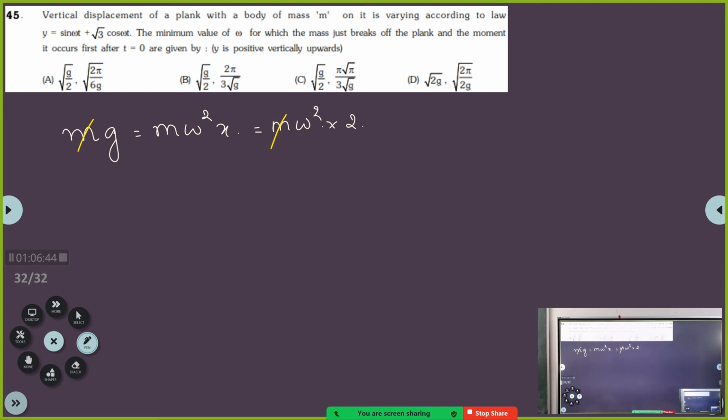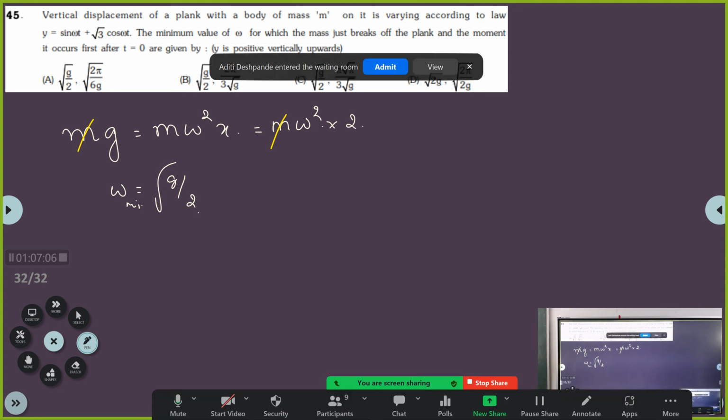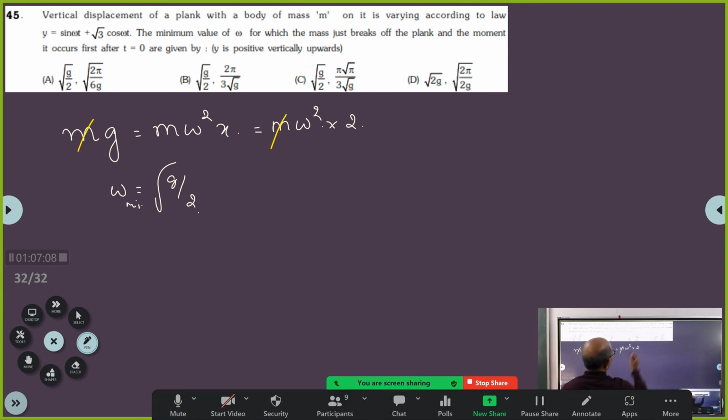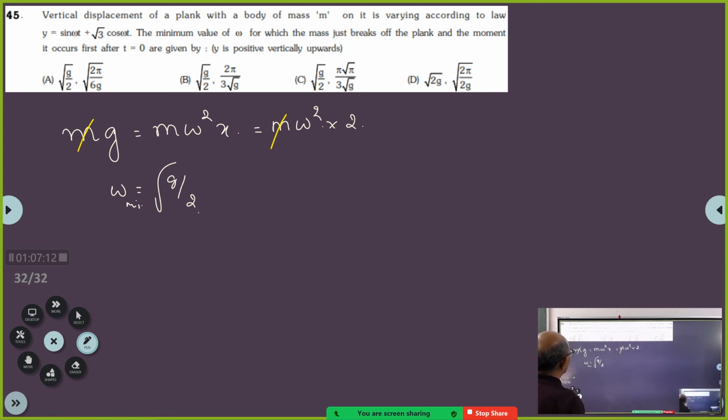Now omega is given, g is given, this is given. So they are asking you what? The minimum value of omega. So what should be the minimum value of omega for this? This is 2, so this should give you root of g by 2, omega minimum. Got it? So you have to solve the next aspect also: the minimum value of the time, and the moment it occurs after time t is equal to 0.